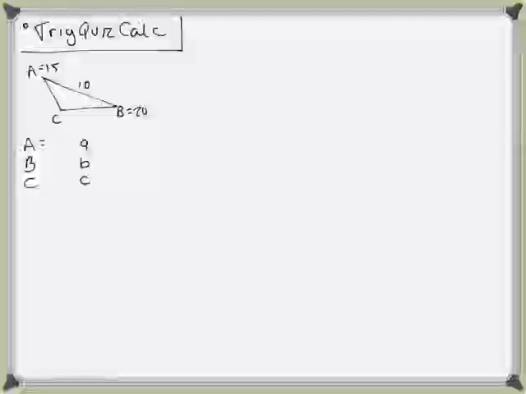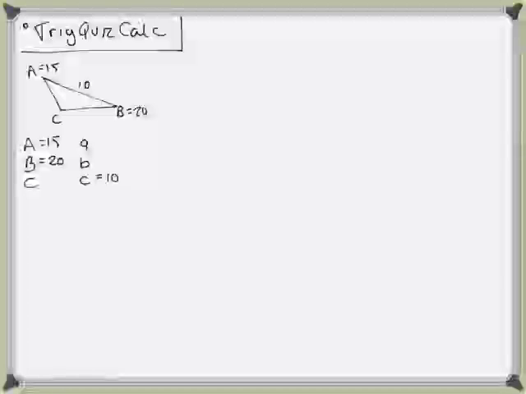So we know angle A is 15, we know angle B is 20, and we know side C is 10. Remember, in a triangle, sides are named across from angles. So that 10 across from the C means that 10 is side C. Then we need to find the 3 missing pieces of information.